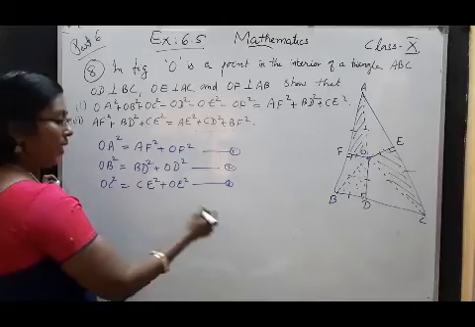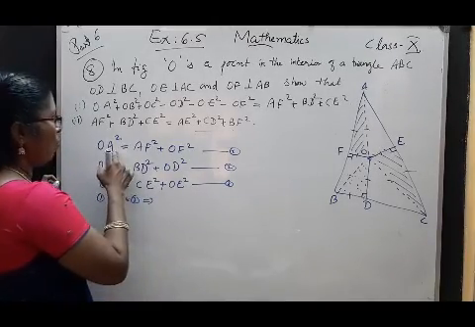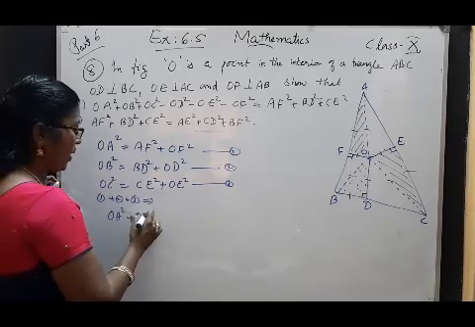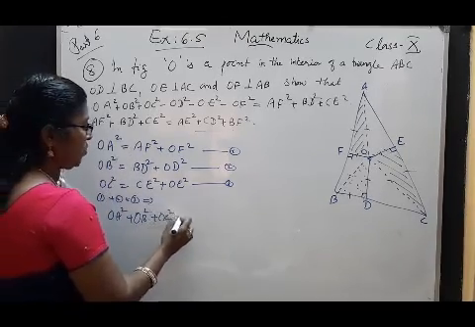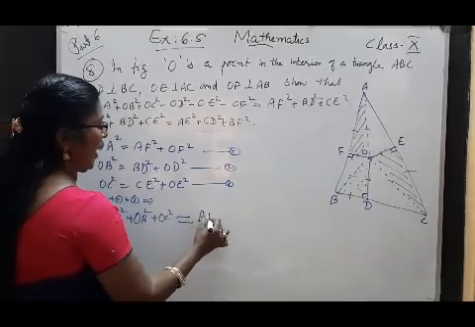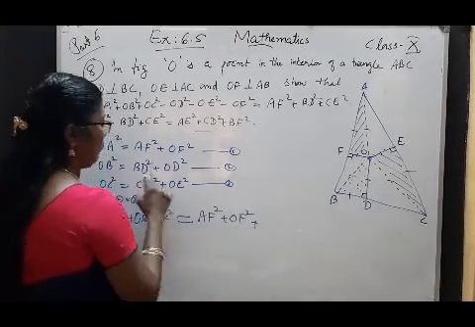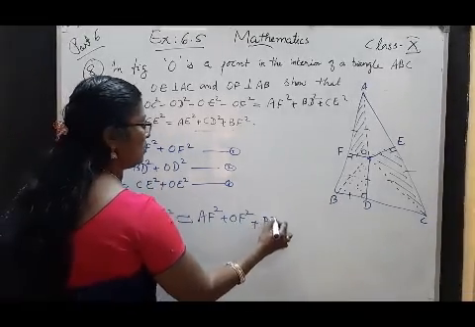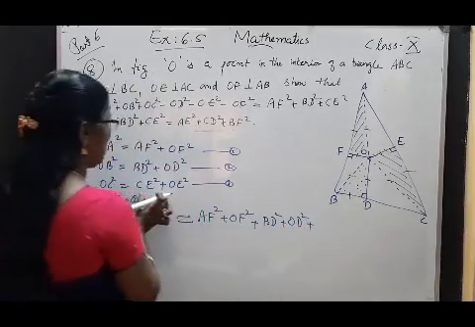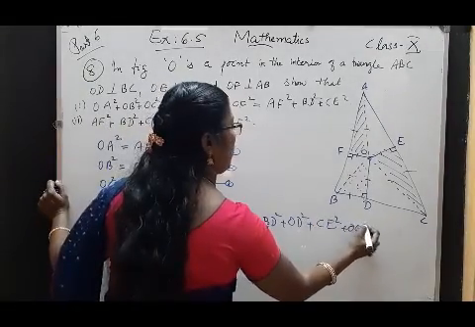Then adding these 3, OA square plus OB square plus OC square on the left side equals, on the right hand side, AF square plus OF square plus BD square plus OD square plus CE square plus OE square.